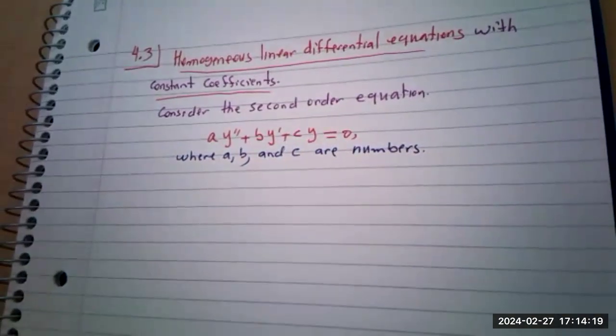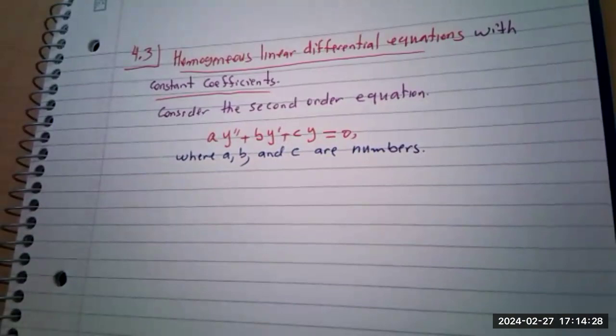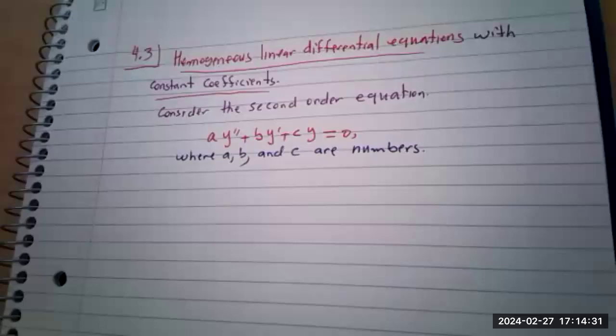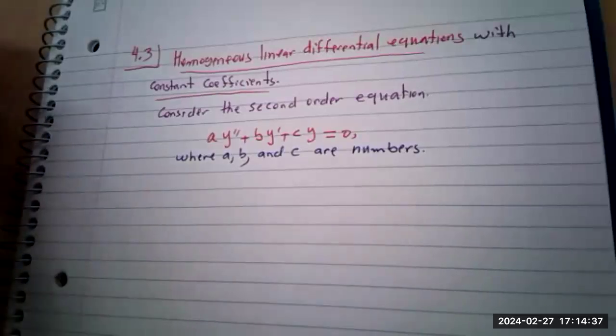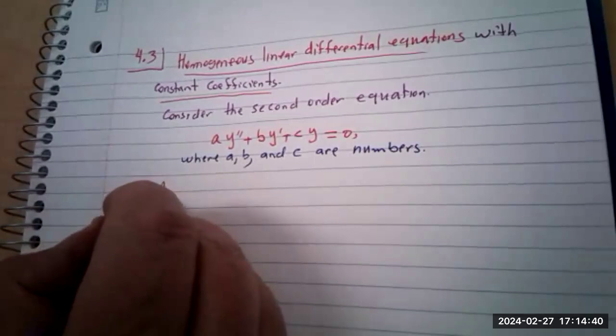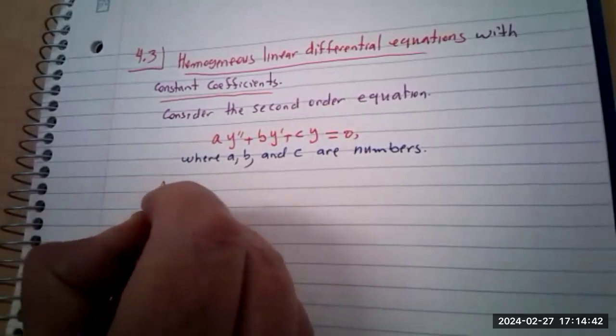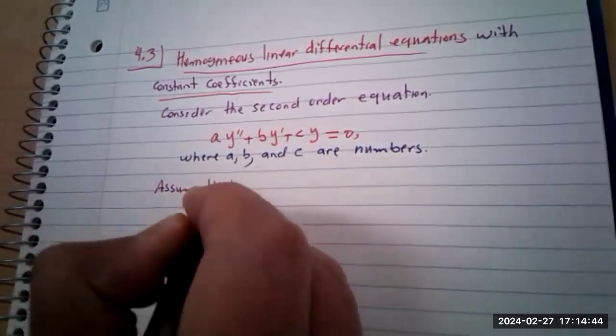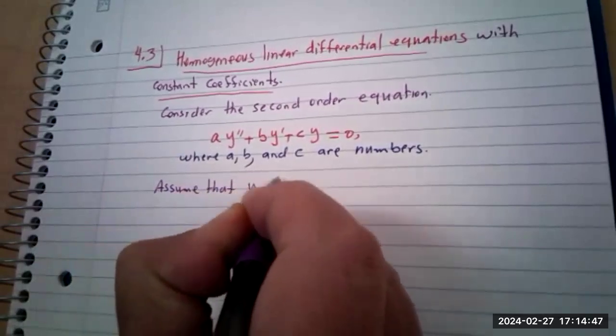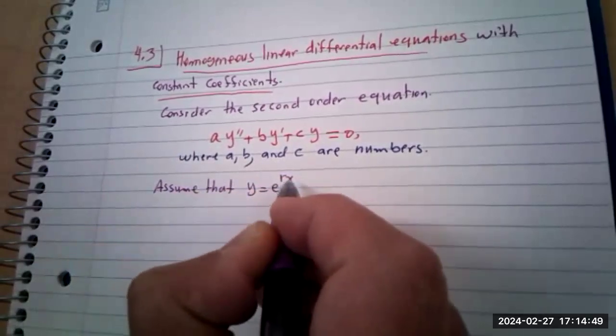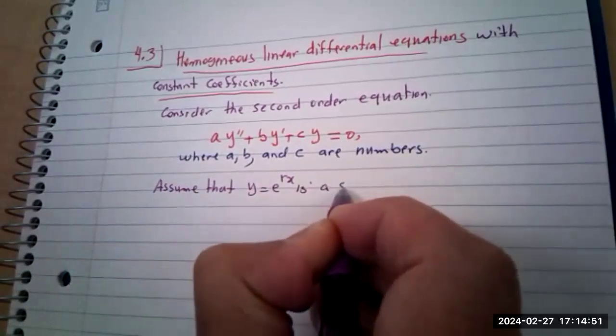We did this one right at the beginning of the course. Remember, we gave you a function y equals e to the rx, and we asked you to find the r so that y equals e to the rx is the solution of the equation. We do the same thing over here. We assume that y equals e to the rx is a solution of the equation.